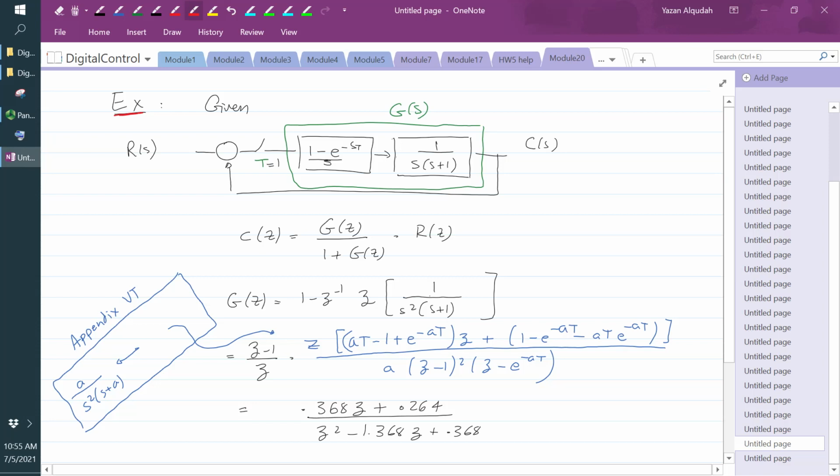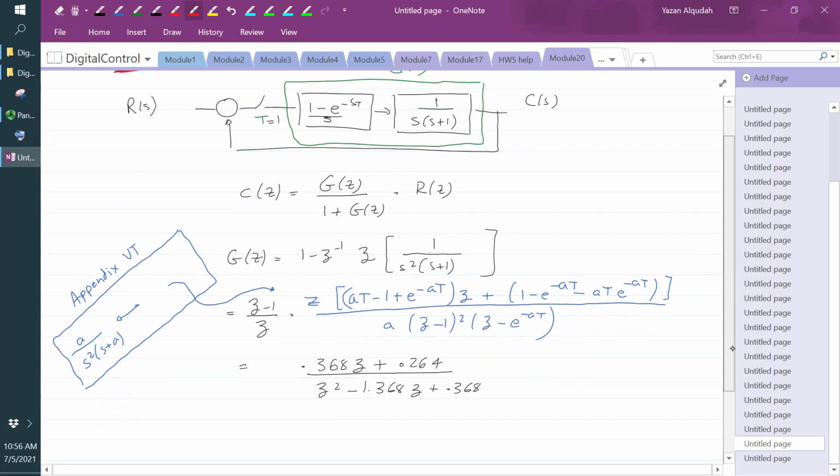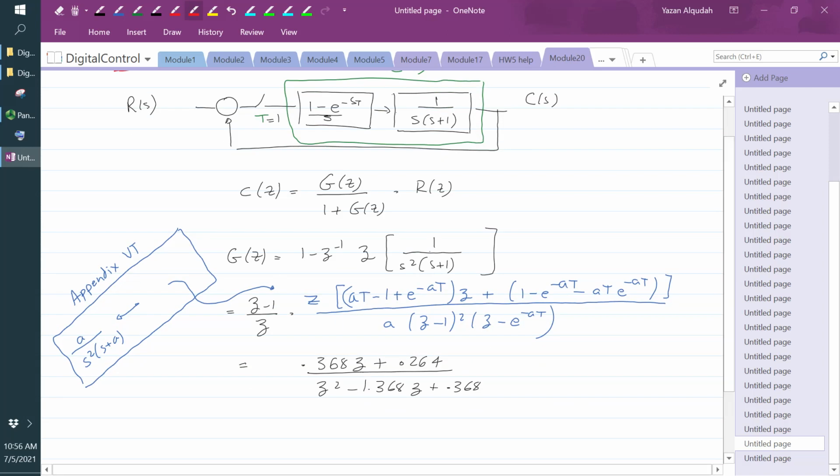If I have the system that is given by this feedback loop, and if I were to calculate g of z, similar to the example that we've done at the beginning of the class, I'm going to calculate g of z.